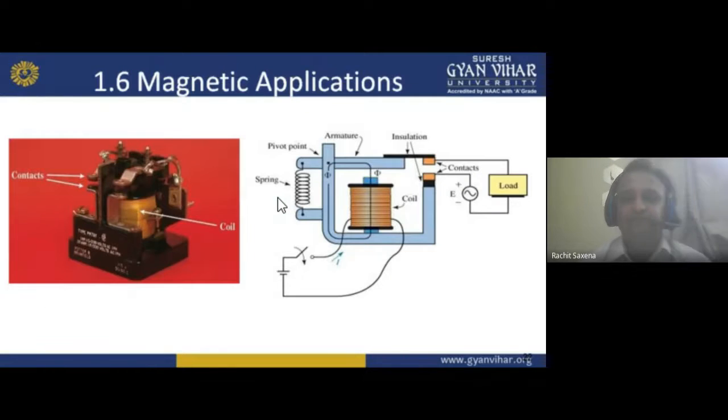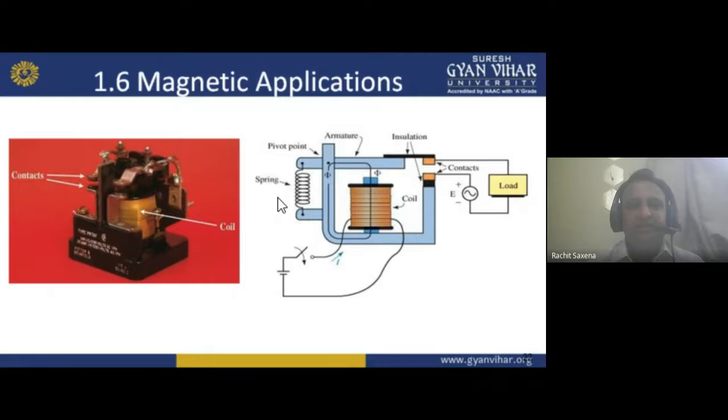Now see here, this is a magnetic application. We can also say that we use this type of construction in relays. Hope you understand about the MCB. The full form of MCB is miniature circuit breaker. Now, what does an MCB do in your home?